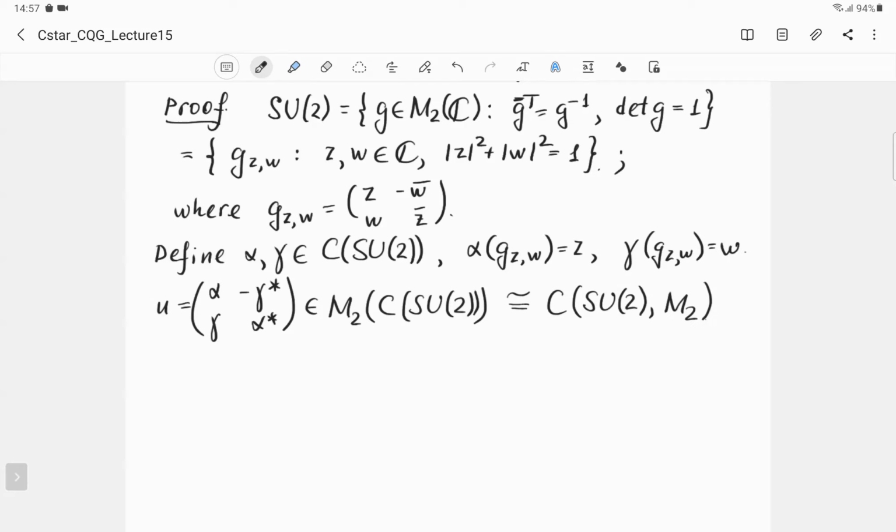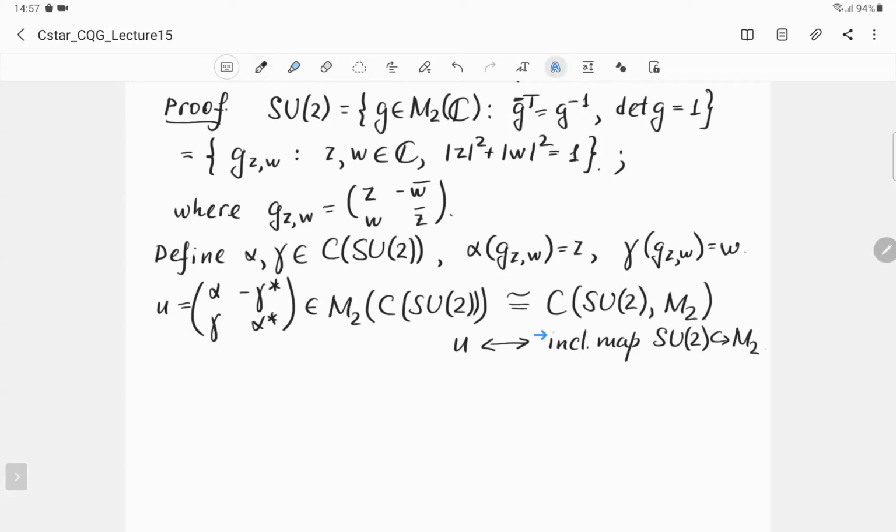Okay, and under this correspondence, the matrix U corresponds exactly to the inclusion map of SU2 into M2. This already implies that U is unitary because the multiplication and the involution on this algebra of continuous functions are defined pointwise.